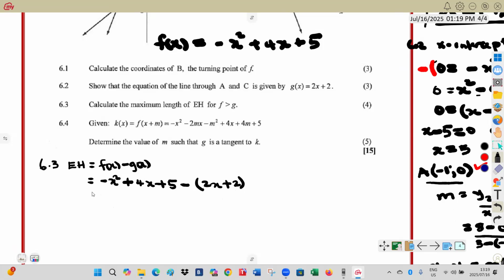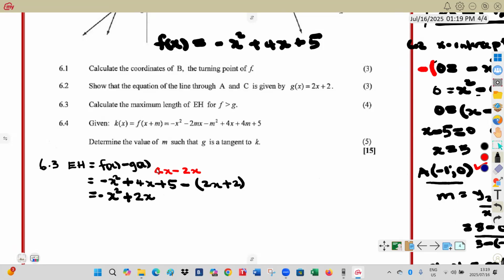When you simplify that, we are going to get minus x squared plus 4x minus 2x. We are having 4x there, which is positive. Then when we simplify, we have minus 2x. So 4x minus 2x is positive 2x.